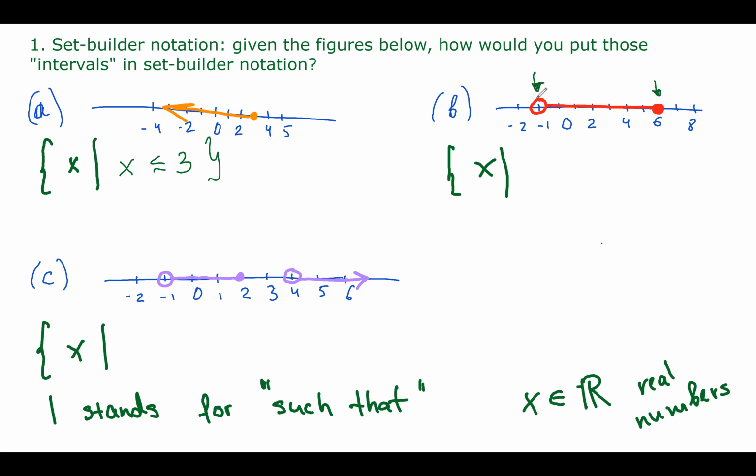So for this one, I'll use the strict inequality, and for this one, I'll use a less than or equal. So here, immediately I could put less than, and here, less than or equal, and put the X in the middle because it is guarded from both sides. So it only can be in between the -1 and 6.